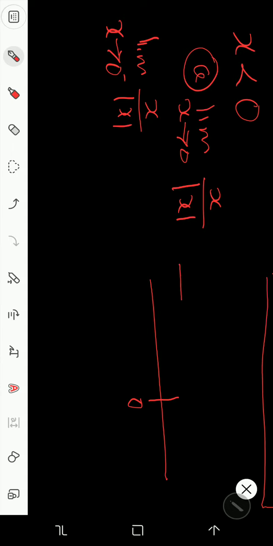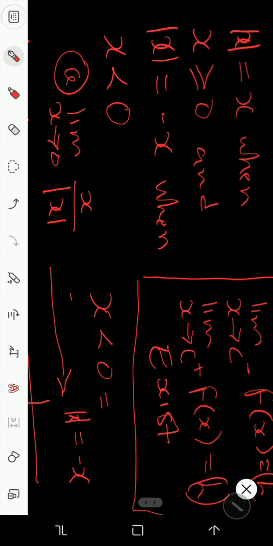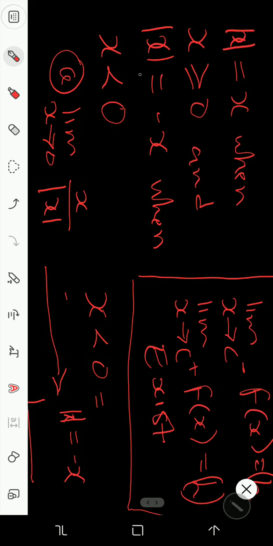Then x is approaching 0 from the left, which means here x is less than 0, which means the modulus of this will be equal to negative x, as we said here. When x is less than 0, the modulus of this is equal to negative x.